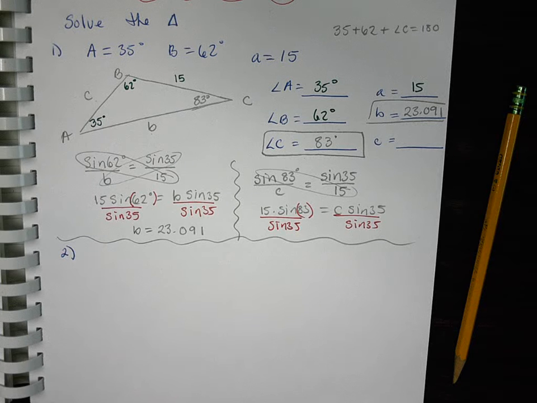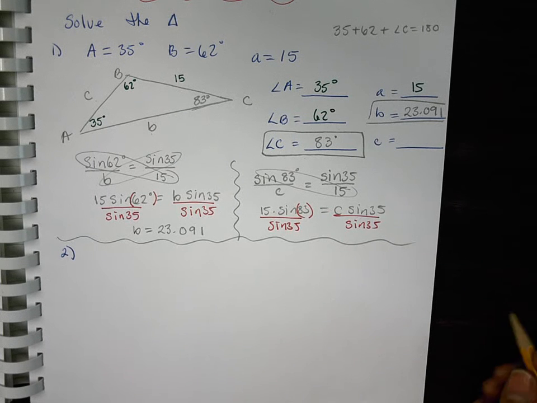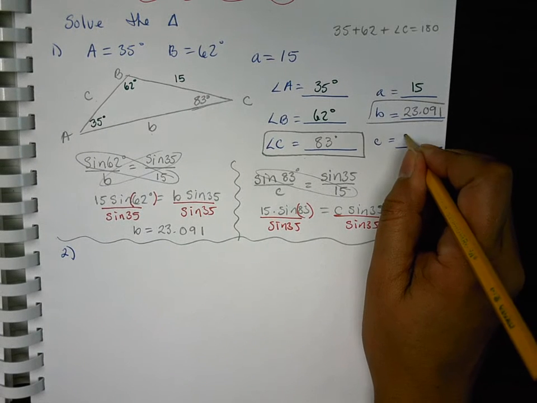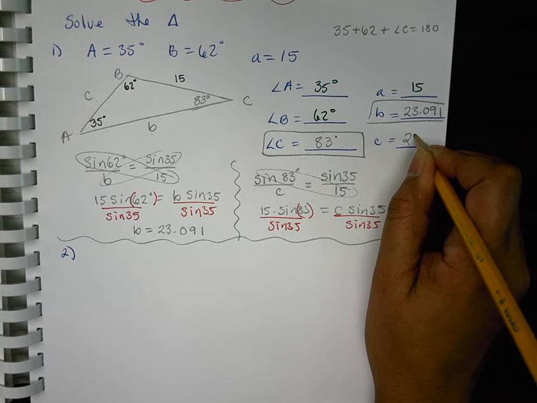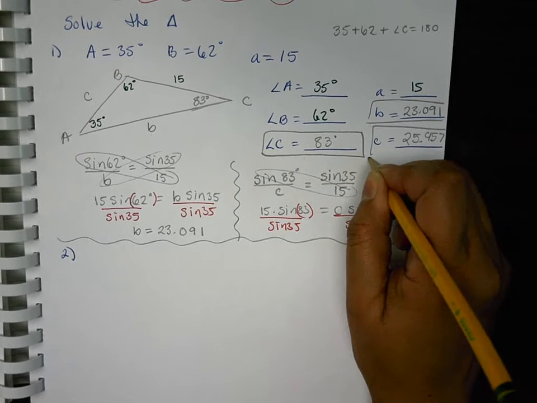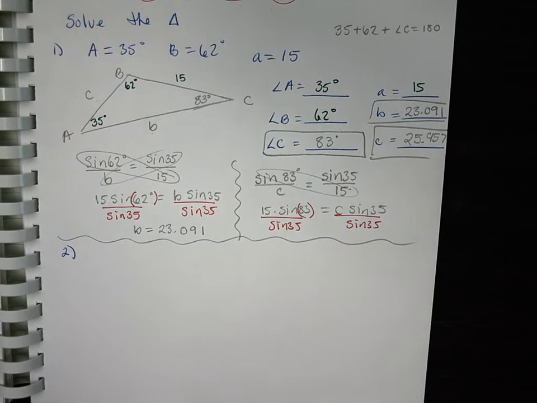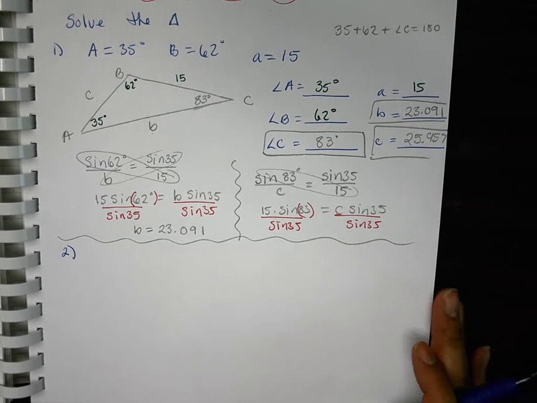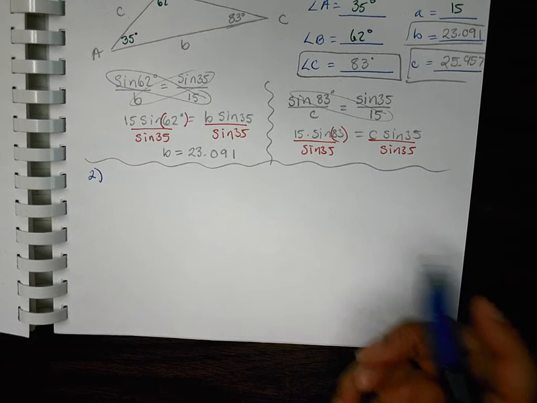And it also starts with the 2. All right, what do we have? 25.957. All right, questions before I move on? Does it seem doable? All right, so this is a new tool we now have, law of sines.